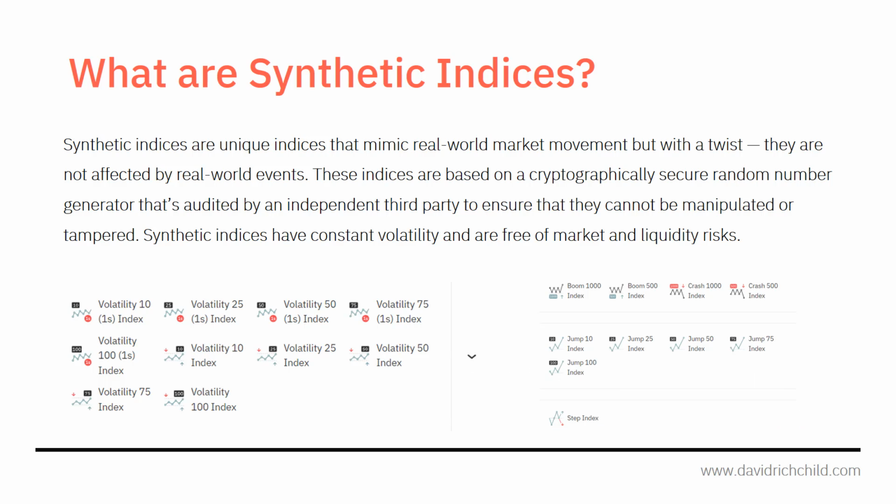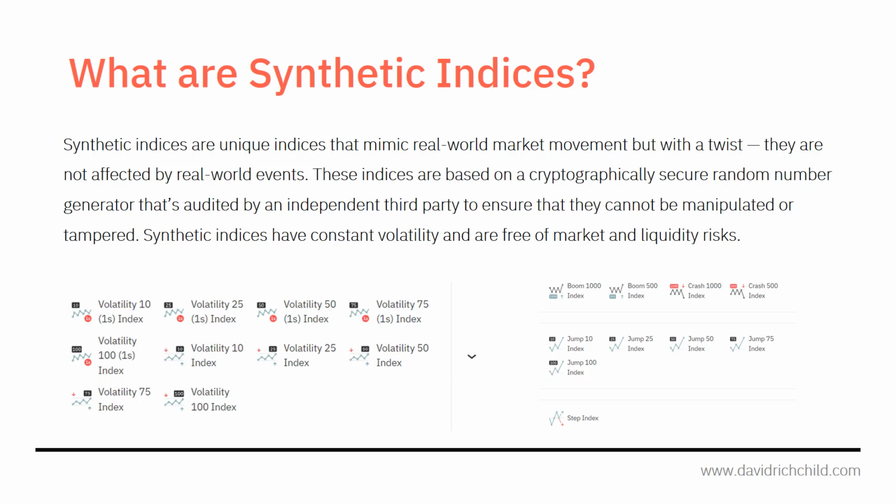So the broker or anyone, or even the person who created it, cannot know what number will be generated next, because the company is regulated by a third party that ensures they're not manipulating or tampering with this software that generates the numbers. So synthetic indices have a constant volatility and are free of market and liquidity risk.